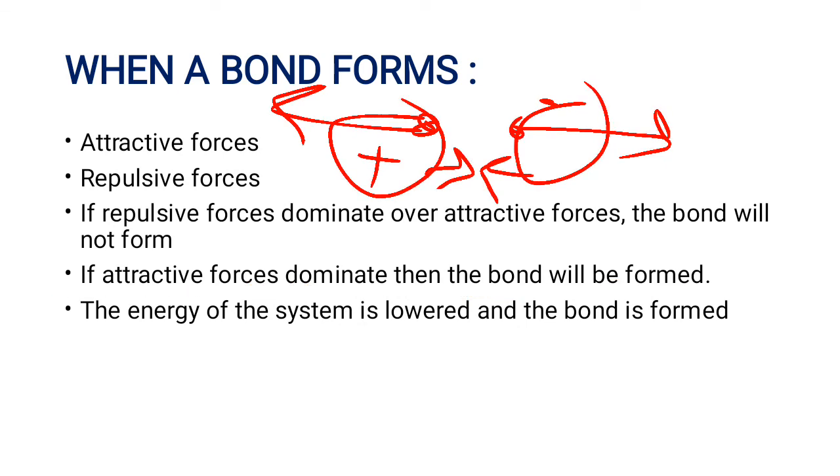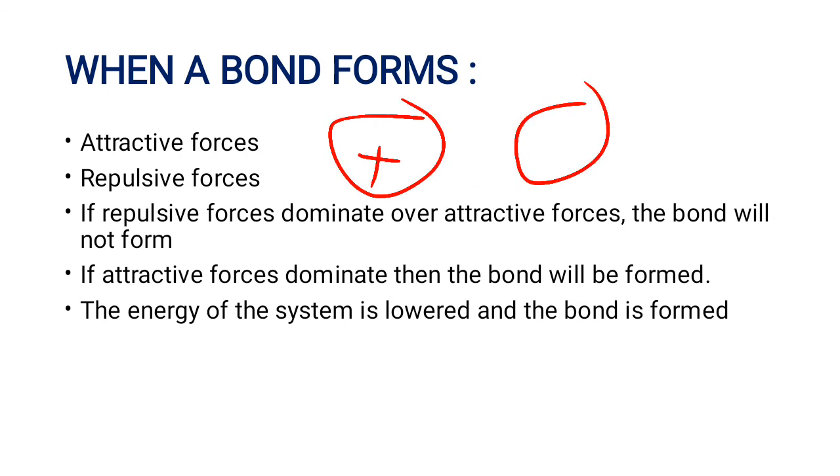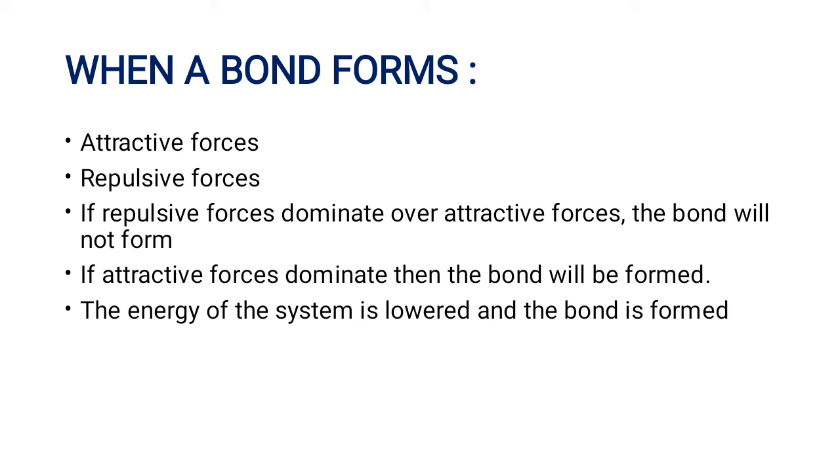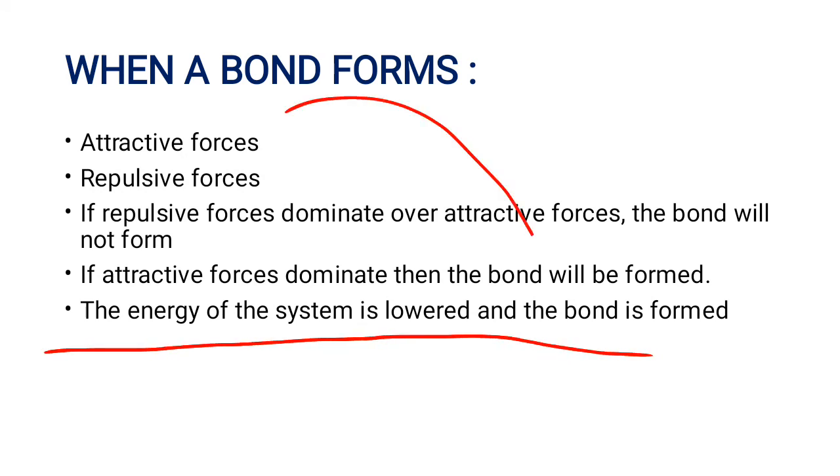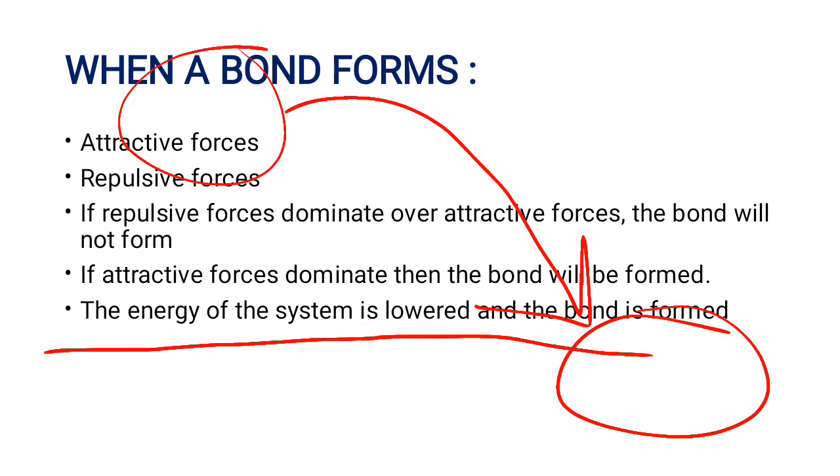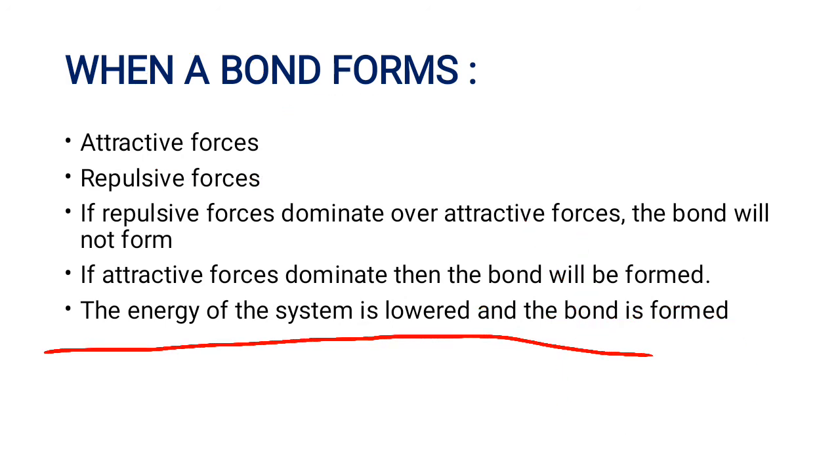Now we see when the atoms are bonding and they succeed to make a bond, the energy of the system must be lowered. So when the energy drops, the compound becomes stable. That's what atoms are trying to get. This is stability, and stability is always achieved by lowering the energy of the system.